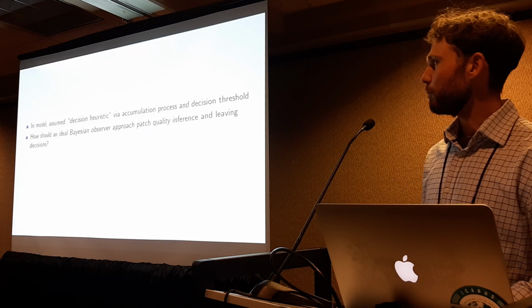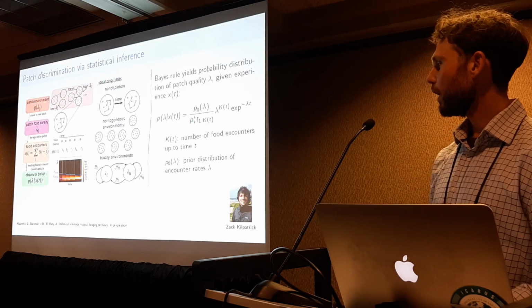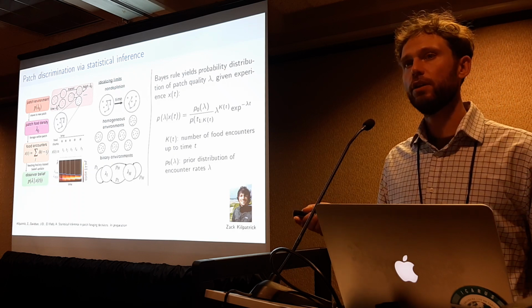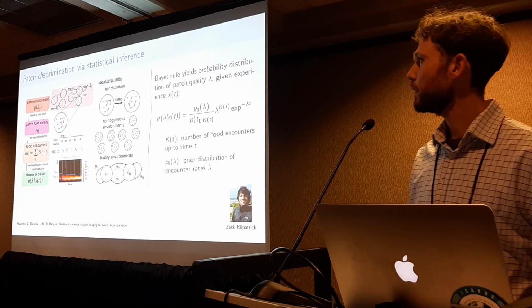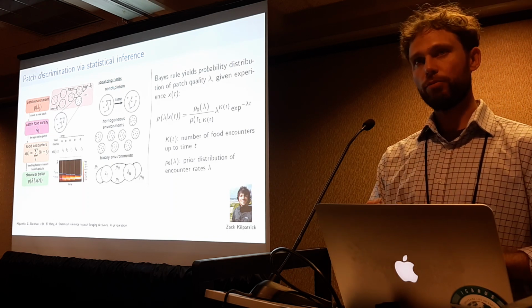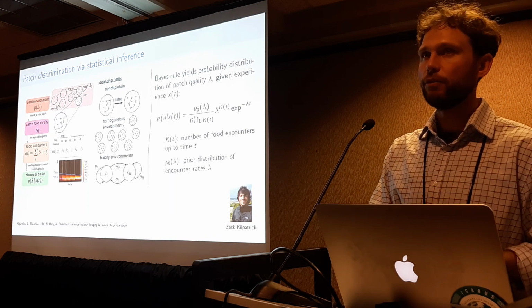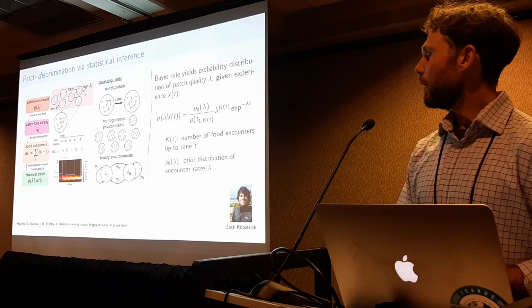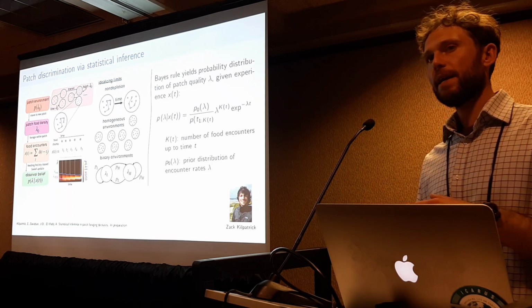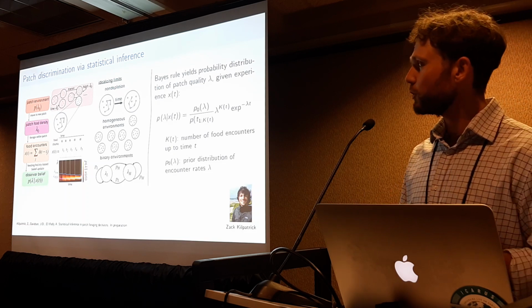We've been taking this approach in work with Zach Kilpatrick. We showed this at a poster at Cosyne on Friday, which you might have seen. We take the patch quality inference and patch leaving as an inference problem, and try to define some theoretical bases and situations to compare to.